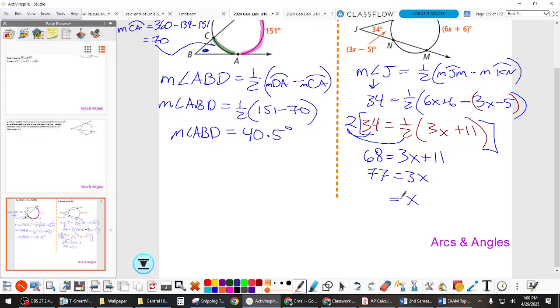I don't know, what is that? 25 and 2/3. Good? Did I do something wrong? I think you added the 11. I did. I said subtract, didn't I? That's pretty weird.